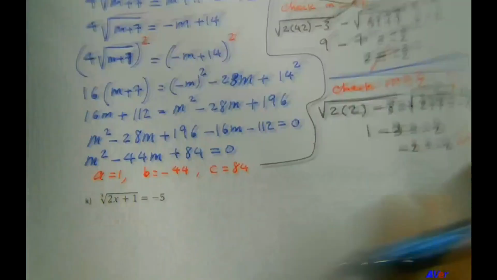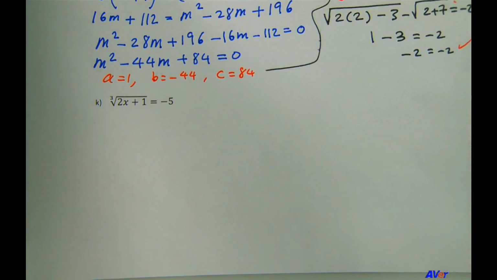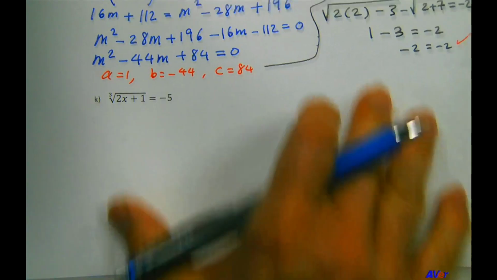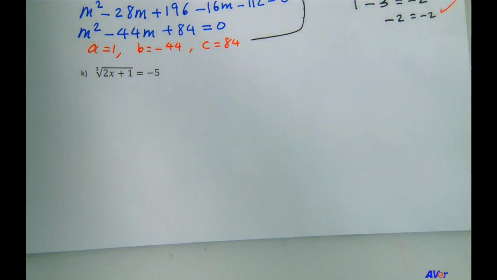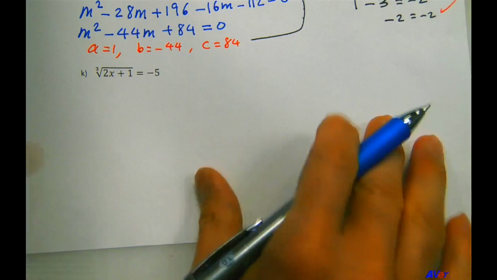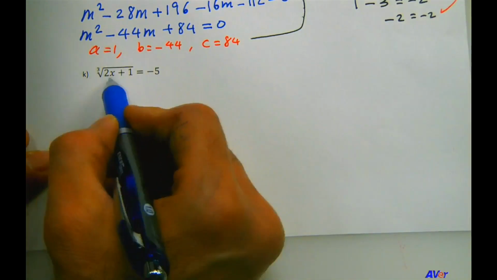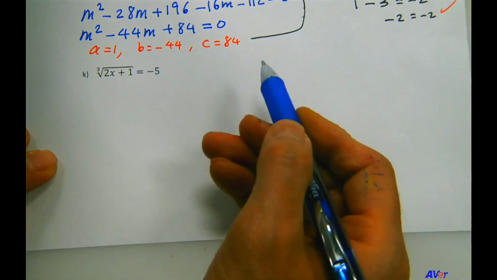Okay, so this next problem, please make sure that you solve this before you see my solution. I'm assuming that you've paused the video, you wrote down your own solution, and now you're back. So this one is third root of 2x plus 1, right?